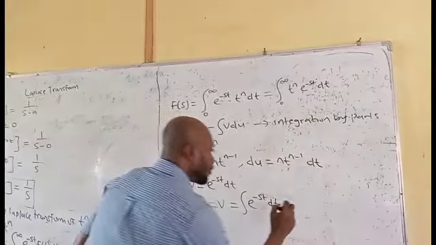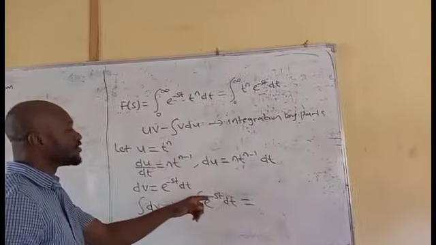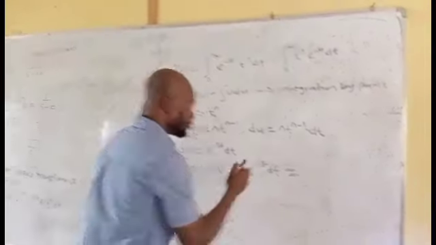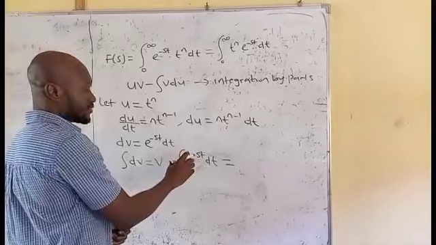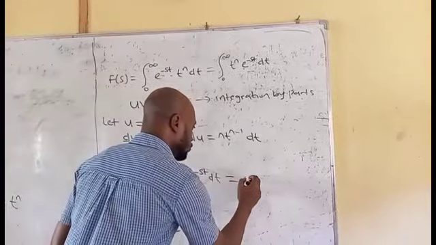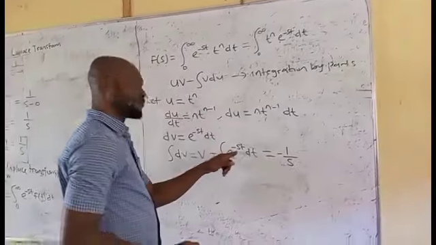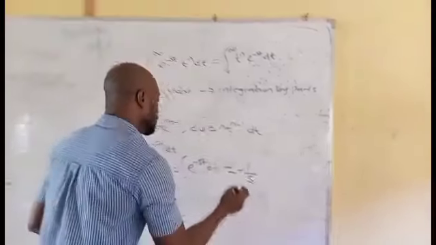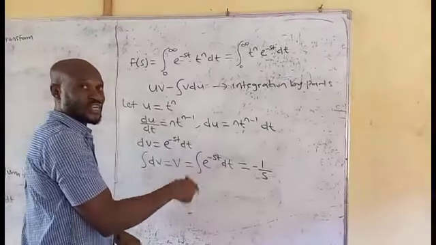So now, if you integrate exponential minus st dt, this is a minus sign. This is a minus sign. So you will now have minus 1 over s. Minus 1 over s. Then you also need to put down the same exponential here.